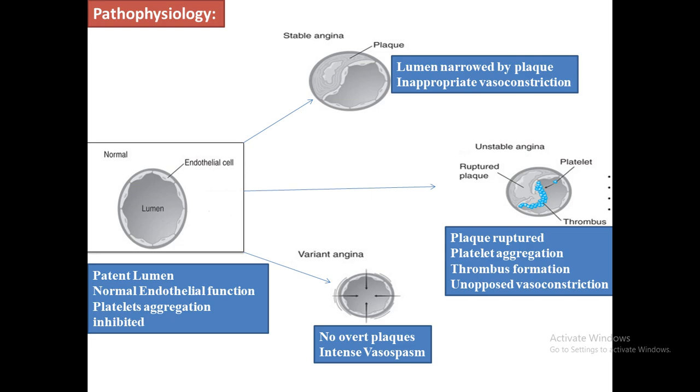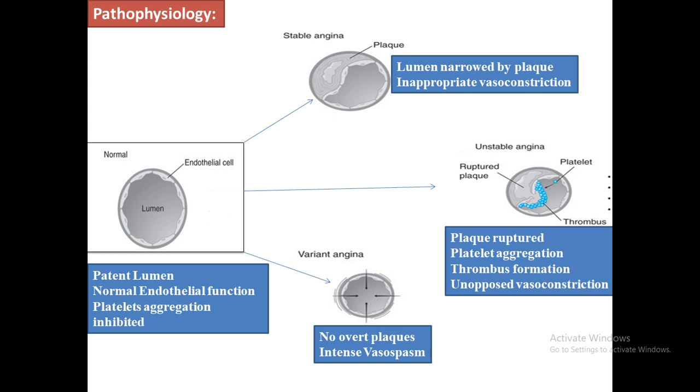Now if we come to the pathophysiology, here on the left-hand side you can see the normal vascular cell wall, where the endothelial cell has a patent lumen, normal endothelial function, and platelet aggregation is inhibited.